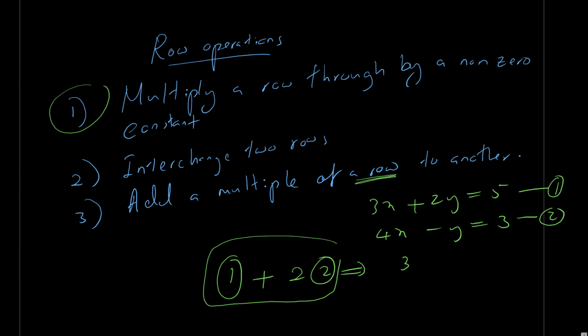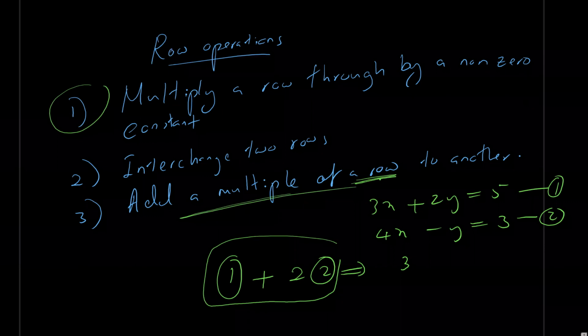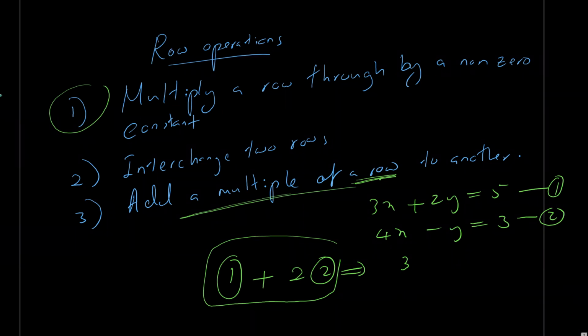So that's why we have these three row operations. I think the idea behind the row operation should be clear. Now let's go to a new page and let's start dealing with our system. So 3x plus 2y was 5 and 4x minus y was 3.